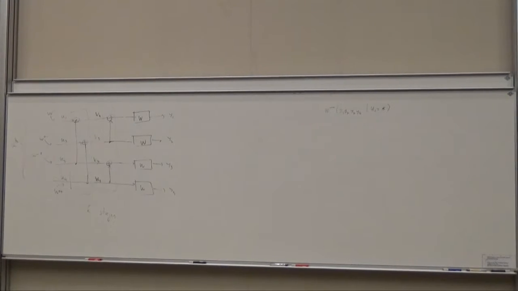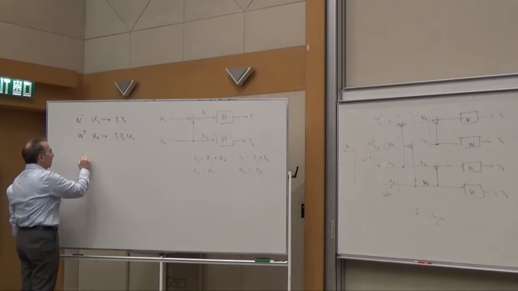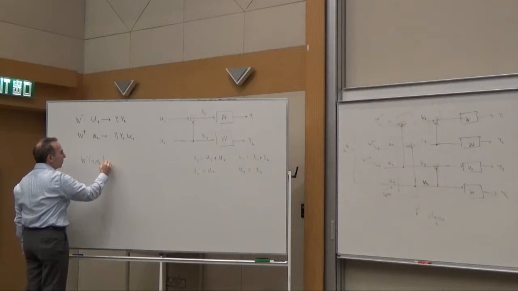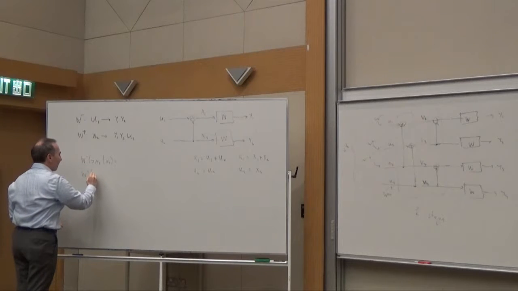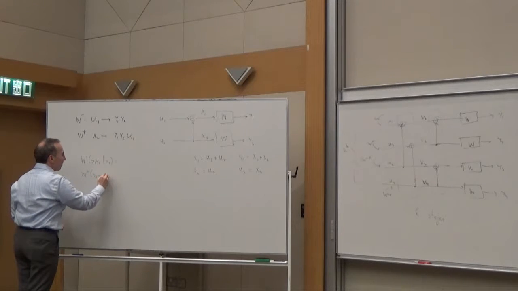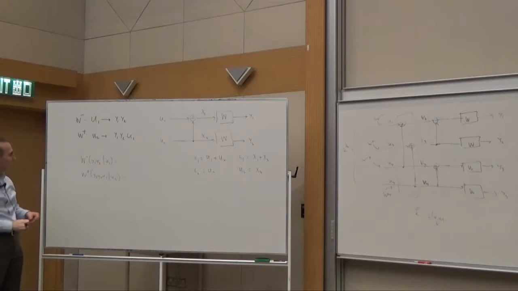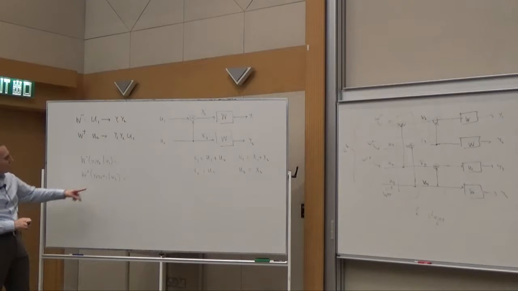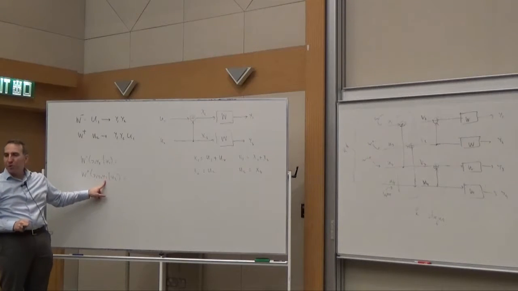What are the transition probabilities for these two W minus and W plus channels? Given U2, U1 can be anything.